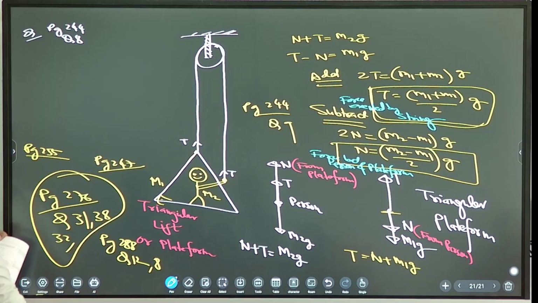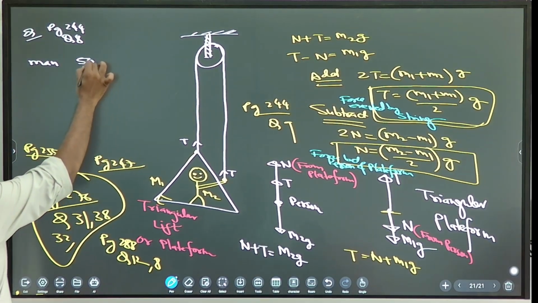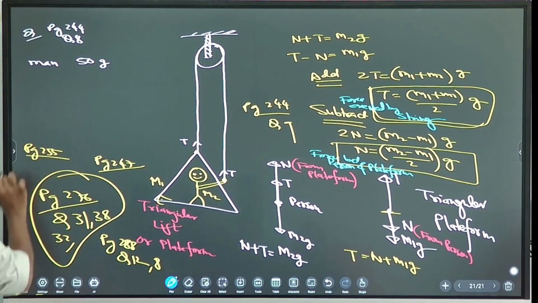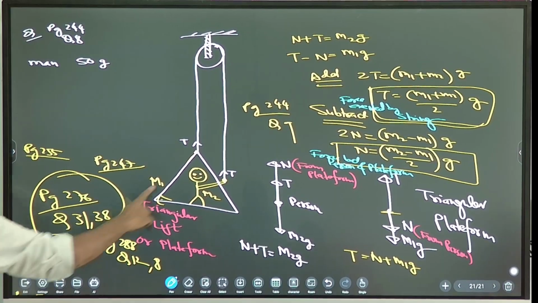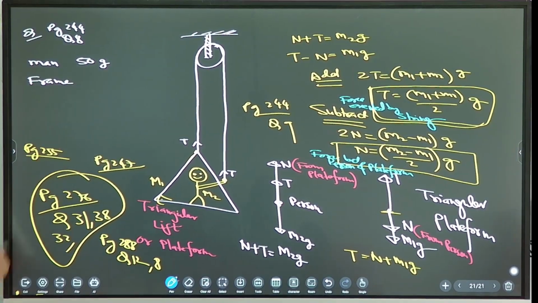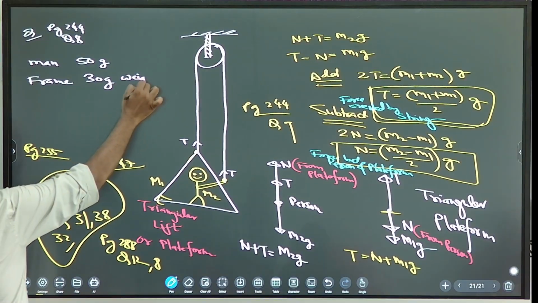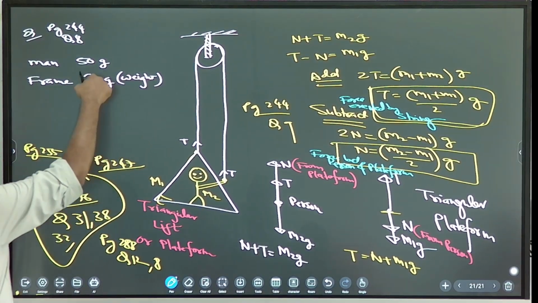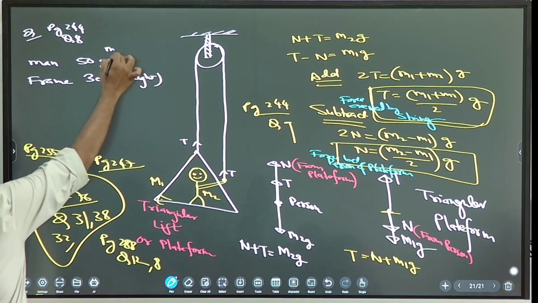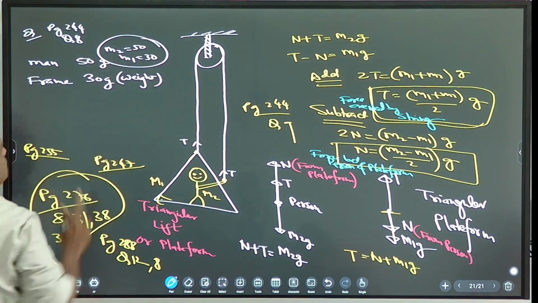What is the weight of the man? 50 g. Now the triangular frame, what is the mass? 30 kg. So what is the weight? 30 g. So that means M2 is given as 50, M1 is given as 30.